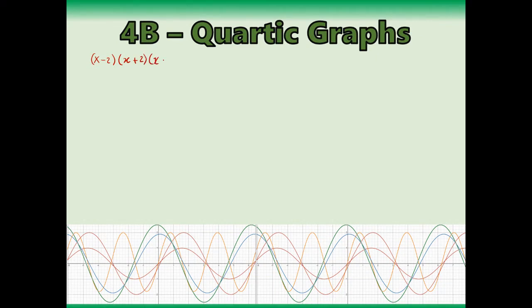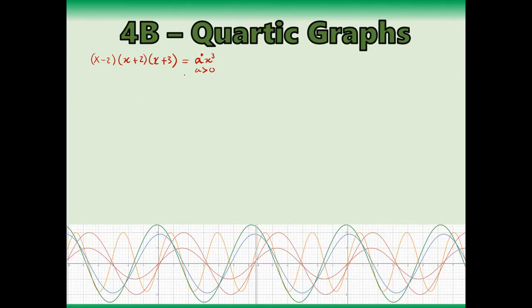So this was a cubic graph because this will give us the highest power of x cubed, and here we said a is positive and so on. If you remember, we discussed cubic graphs.